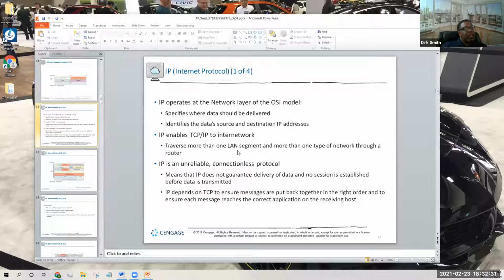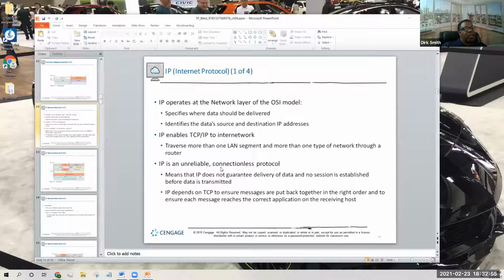Basically, it's not gonna stop at that one router, because it might be 3 or 4 hops, or 5 or 6 hops, to get to its final destination. So this IP protocol goes through more than one LAN or router to get to its final destination.